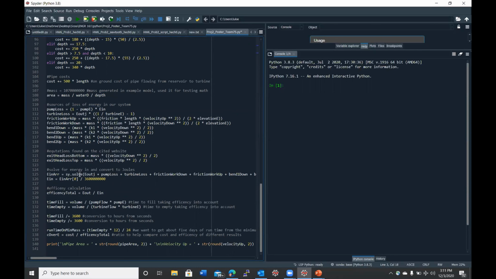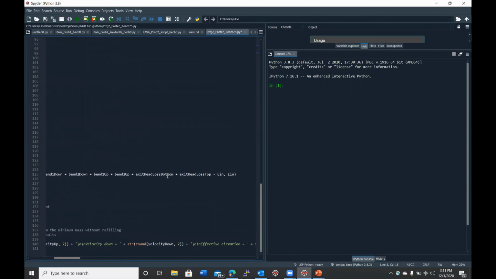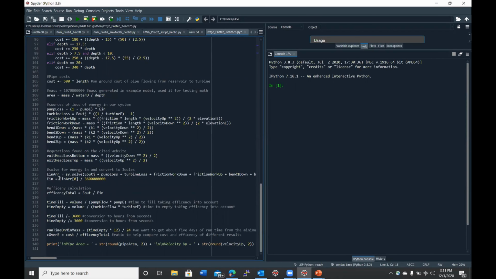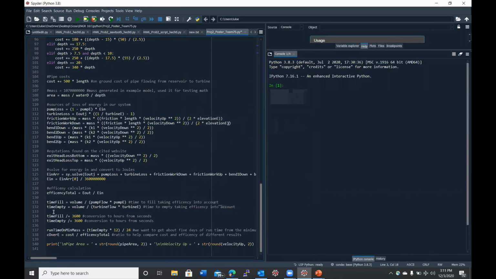Here we use the SIMPI library to get an array which solves, using all of these factors, for energy in, and then we convert that energy into megawatt hours. And here we have the efficiency calculation, the time calculations, and the time conversions into hours.